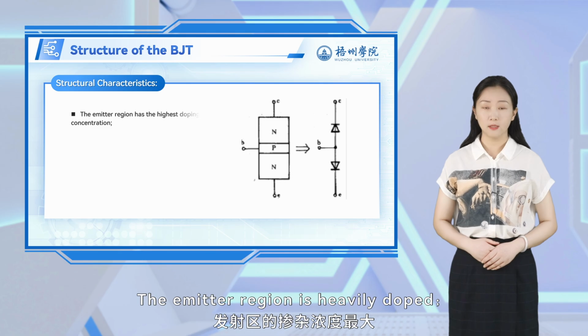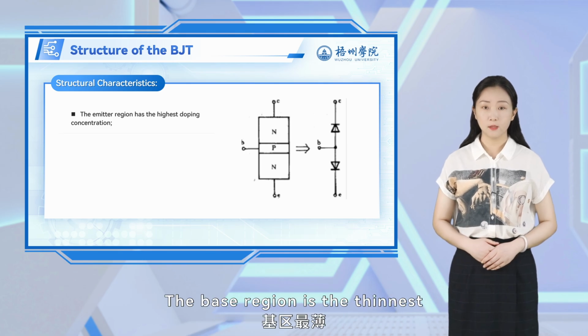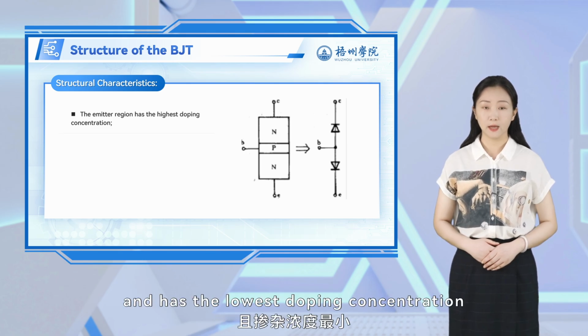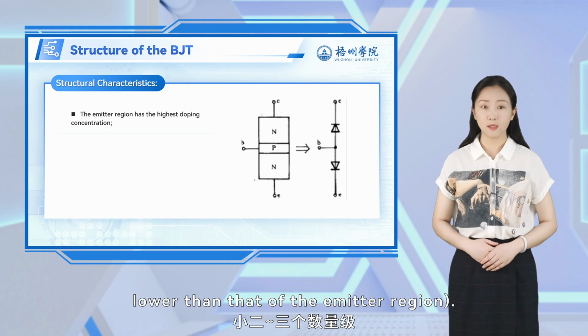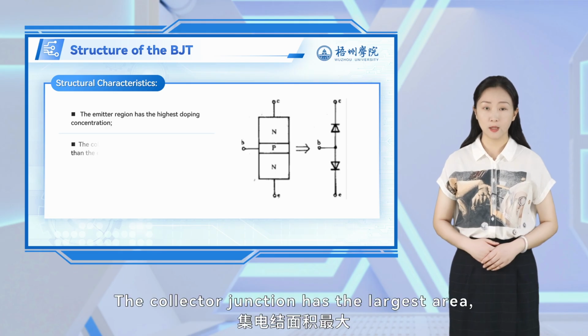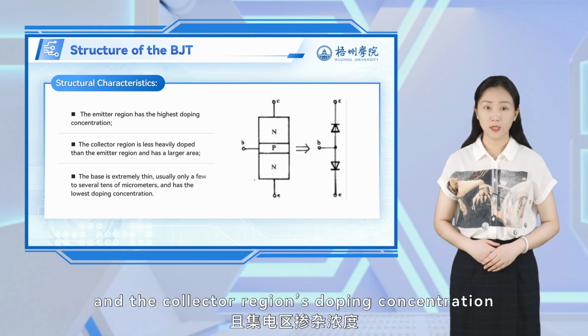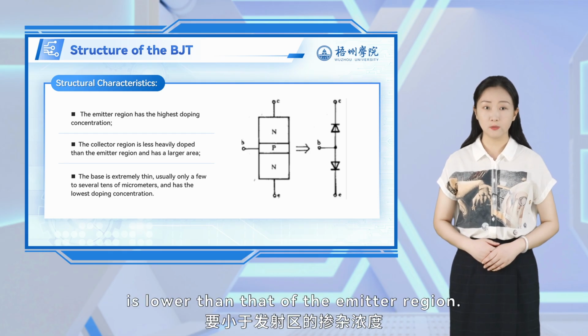The emitter region is heavily doped. The base region is the thinnest and has the lowest doping concentration, about 2 to 3 orders of magnitude lower than that of the emitter region. The collector junction has the largest area, and the collector region's doping concentration is lower than that of the emitter region.